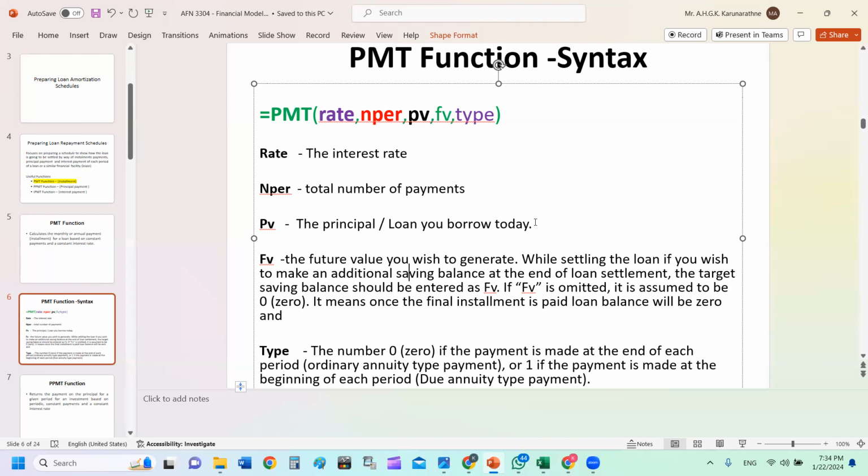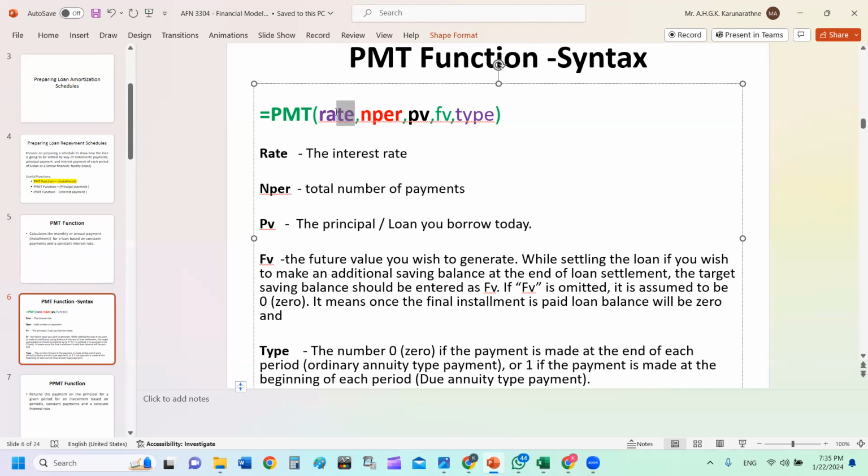So end of the loan period, you will fully settle your loan, and with the bank, you want to create additional saving. That means after the loan period, you fully settle your loan and you can withdraw some saving balance as well. So accordingly, if you have any idea of settling the loan and in addition you want to create a saving balance, that particular future target saving balance should be put here under FV.